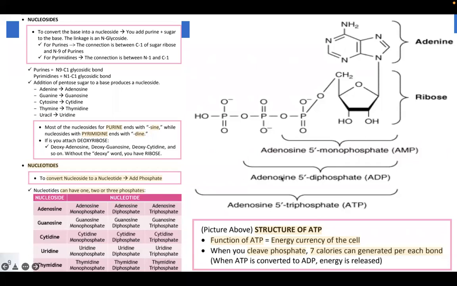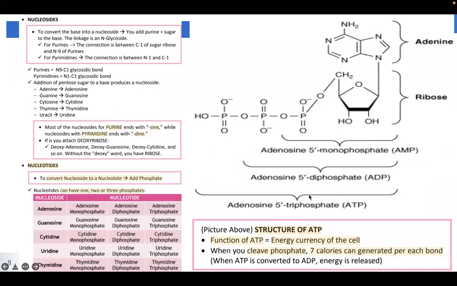So, nung dinagdagan natin ng isa pang phosphate dito, naging adenosine 5' diphosphate. Dalawa na yung phosphate mo. Ito na, tsaka to. Next naman, si adenosine 5' triphosphate. Meron kang 1, 2, 3 na phosphate. Meron kang adenosine dito, adenine tsaka ribose. Ito na. Adenosine triphosphate na yan.